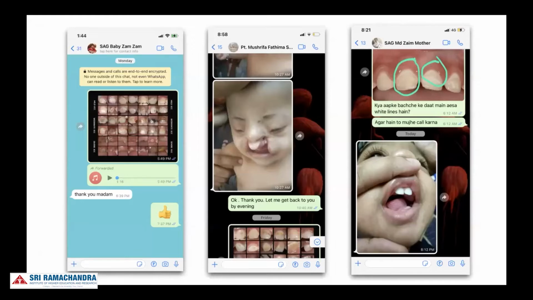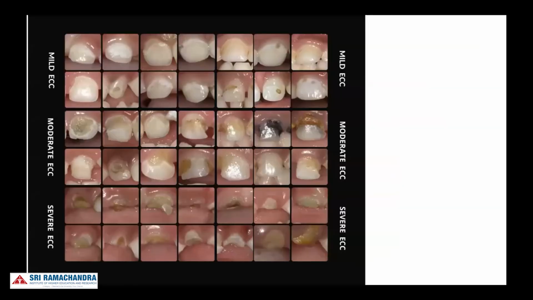Following that, we also send the MAAC chart with an audio, which I'll be playing in the next slide, translated to English. This is the chart we share, chart 1. And the audio is recorded in a regional language so that parents can understand what the MAAC chart is.